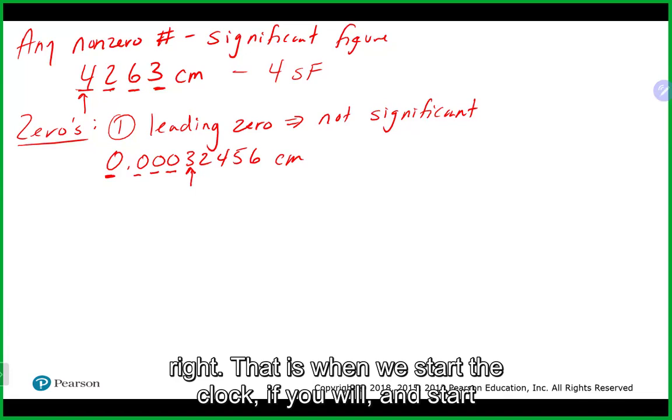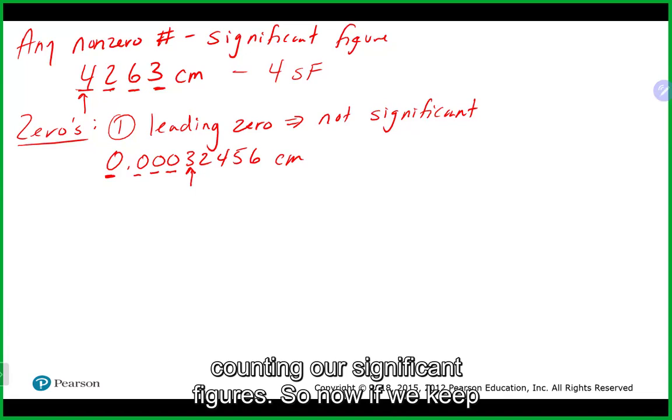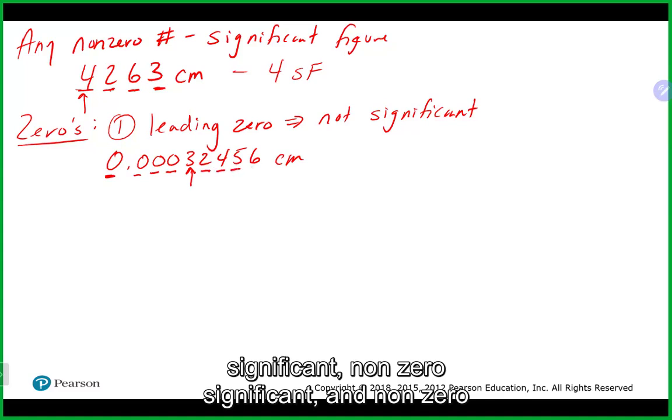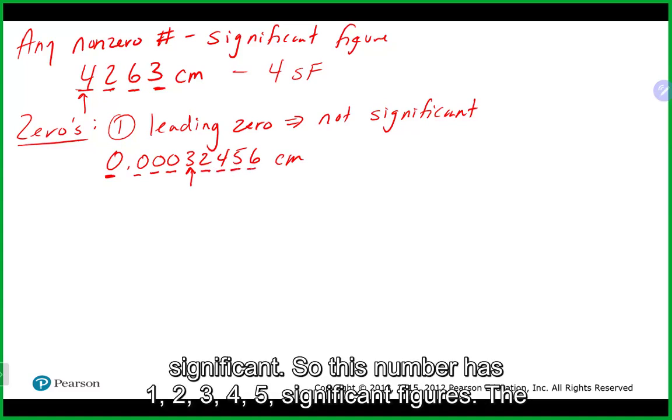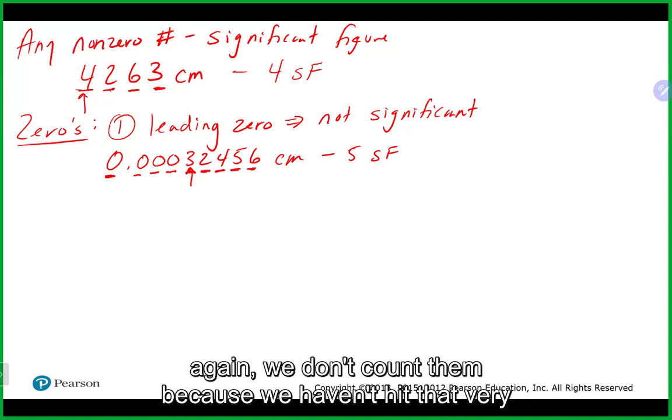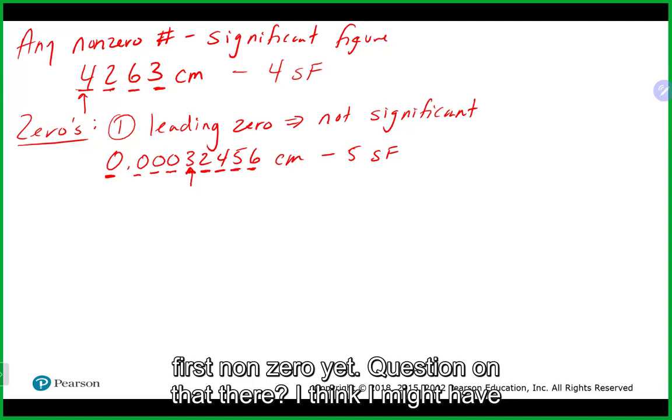That is when we start the clock, if you will, and start counting our significant figures. So now if we keep rolling through, that's a non-zero significant, non-zero significant, non-zero significant, and non-zero significant. So this number has 1, 2, 3, 4, 5 significant figures. The zeros are kind of like placeholders, if you will. And again, we don't count them because we haven't hit that very first non-zero yet.